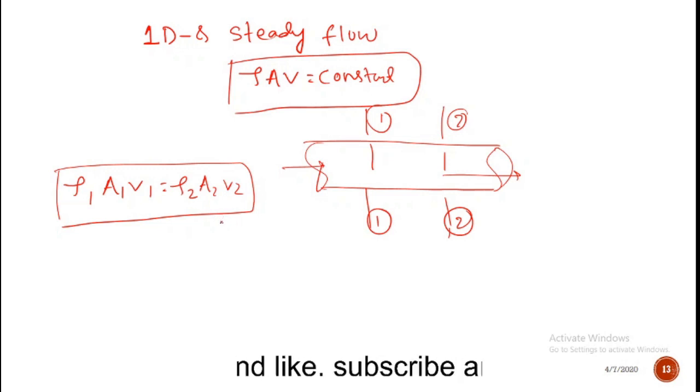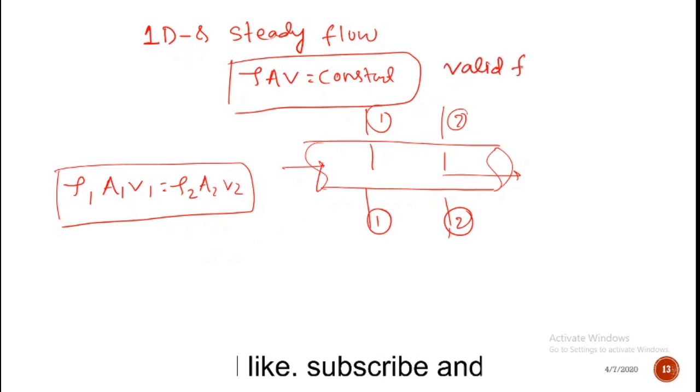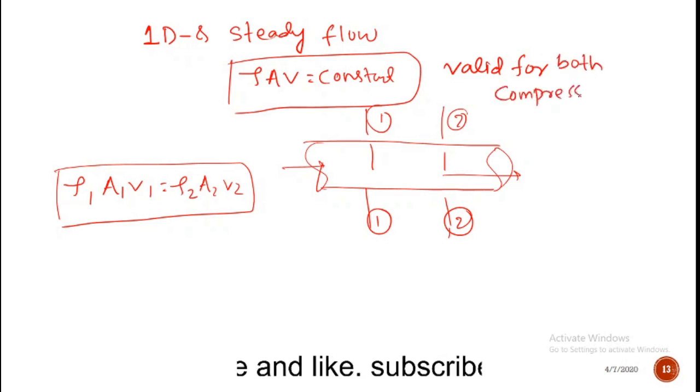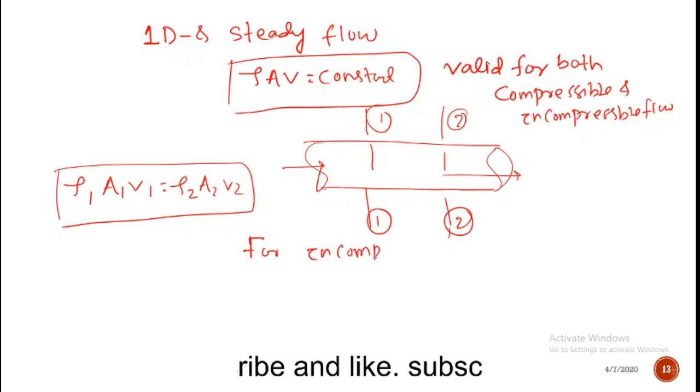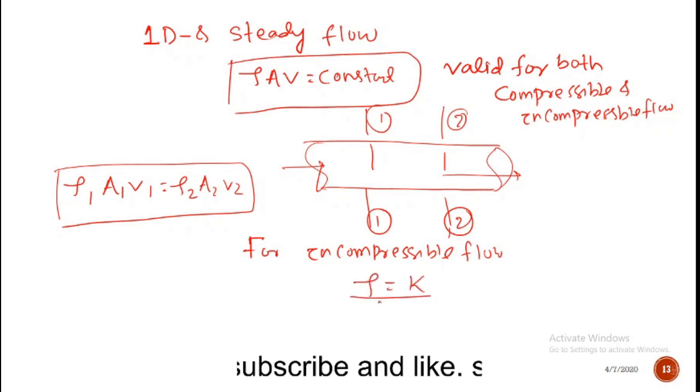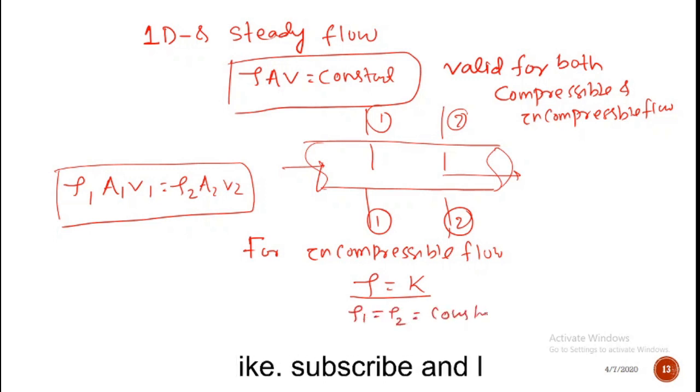Now for incompressible flow, the density will be constant, so rho 1 will be equal to rho 2 will be equal to constant.